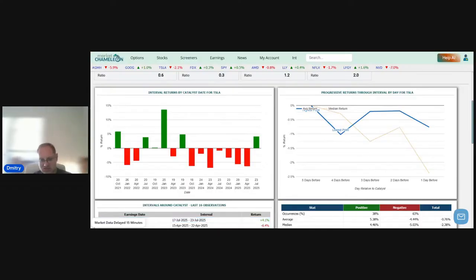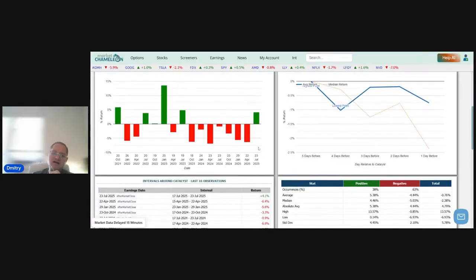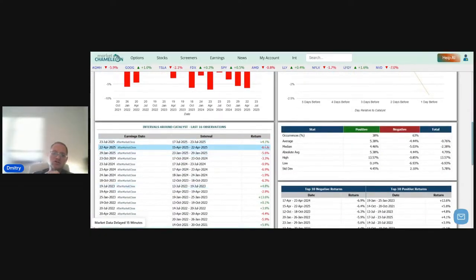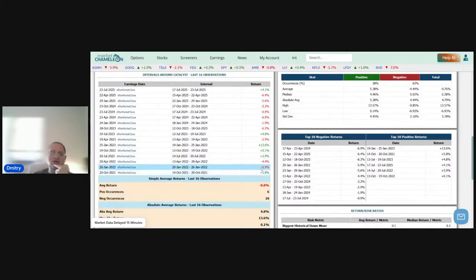And keep in mind the way we set this calculator, it's looking at returns prior to that announcement. Okay, so you could see here that more often it actually was down in that period than it was up.